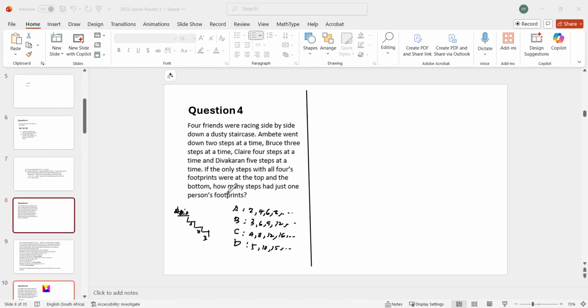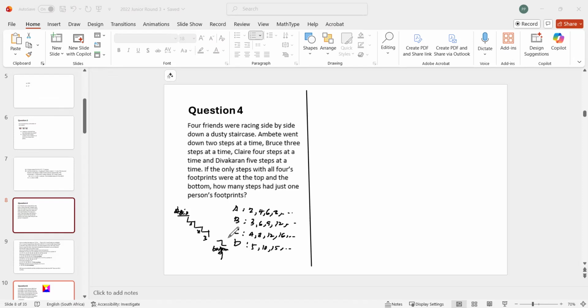They say footprints were at the top and the bottom. So the bottom is here somewhere. We'll have to figure out where the bottom is. And there are no more steps where there are four footprints, other than the top and the bottom, whatever that is.